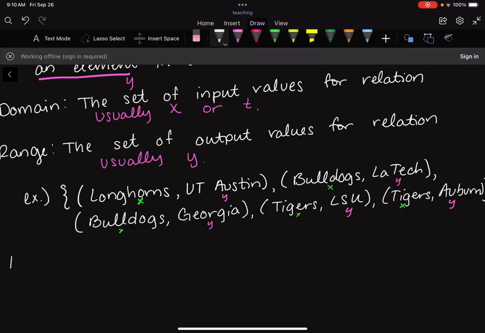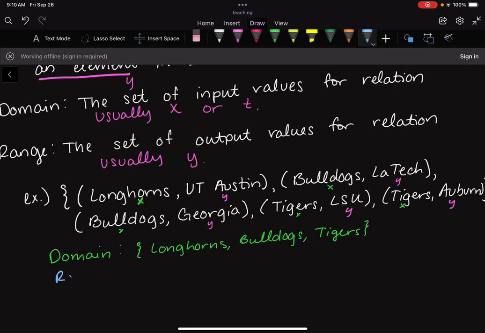Now my function. Oh, so let me talk about this real quick, actually. Sorry, go back. If I asked you for the domain of this, you would just write out for me all of the X values that we use. So we'd have Longhorns, Bulldogs, Tigers. This is the domain for this set.